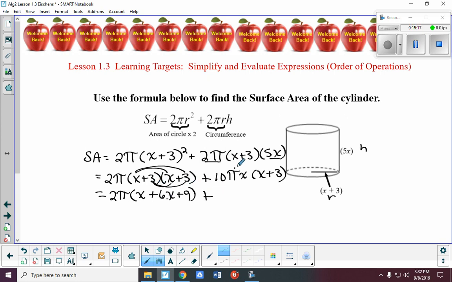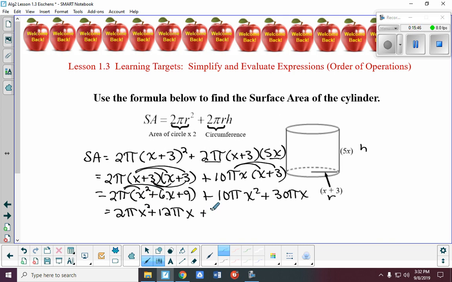And then we have to distribute all of this through. So that would be 10 pi x squared plus 10 times 3 is 30 pi x. And we have to distribute one more time. So that would be 2 pi x squared. And 2 times 6 is 12 pi x.